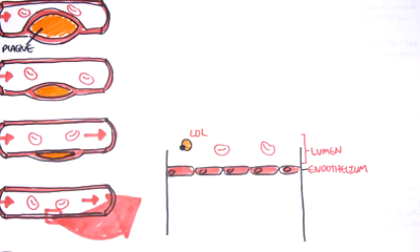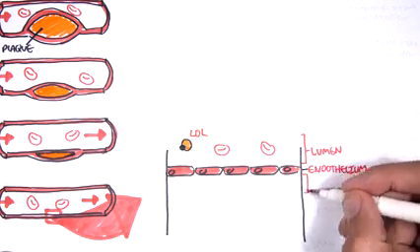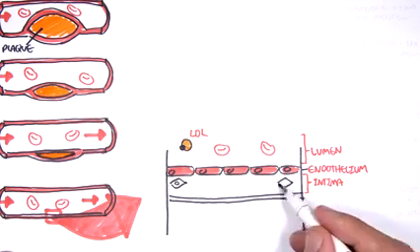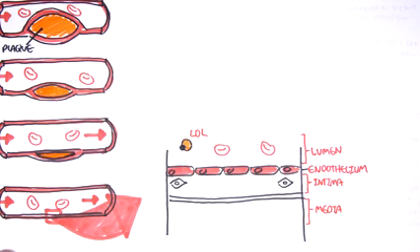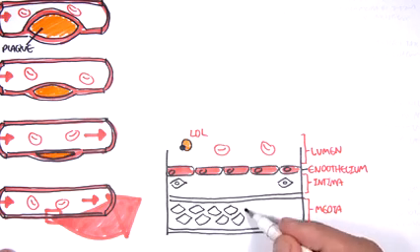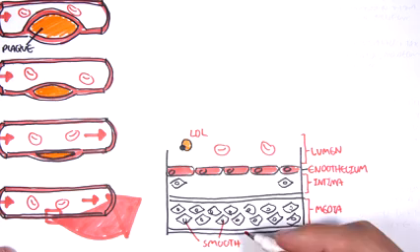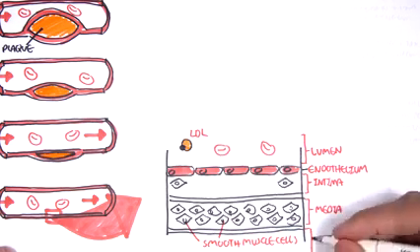Surrounding the endothelium, we have the tunica intima and then the tunica media. In the tunica media, we have smooth muscle cells that are important in contraction of vessels. Surrounding the media, we have the adventitia, which is essentially connective tissue.